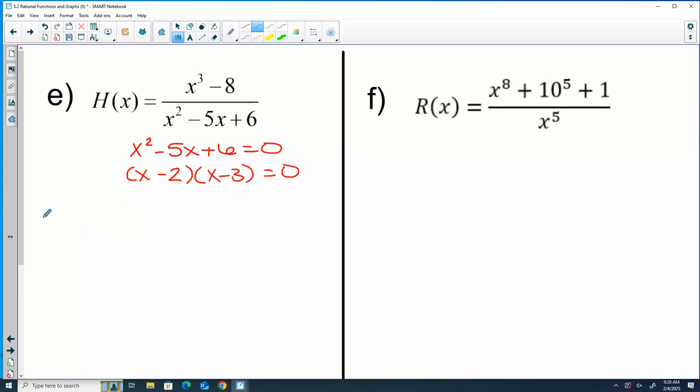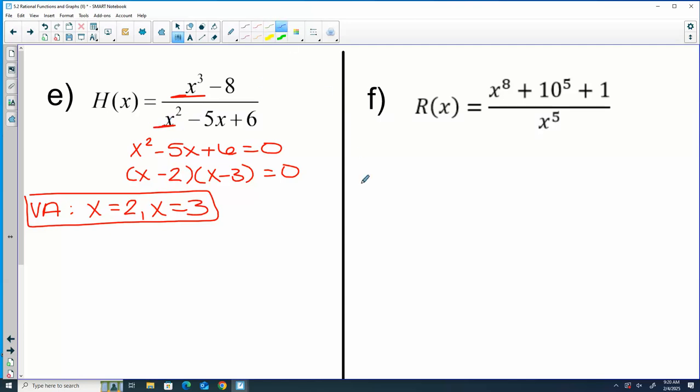So my vertical asymptotes are... Can anyone look at this and tell me if I'm going to have a horizontal or an oblique? Oblique. The top is 1 higher.